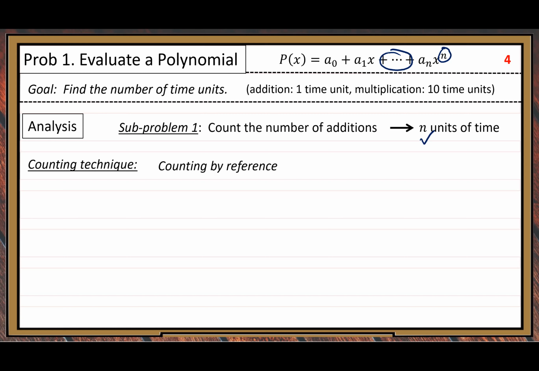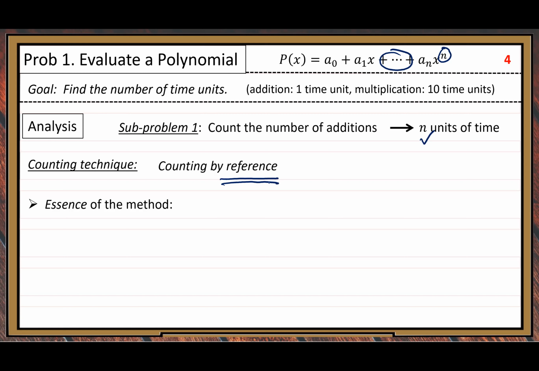We get lost when we see the dots. So in order to keep track, we need to find some good reference numbers. The reference will be used to keep track of the number of objects we are counting. Here we want to count the number of additions.